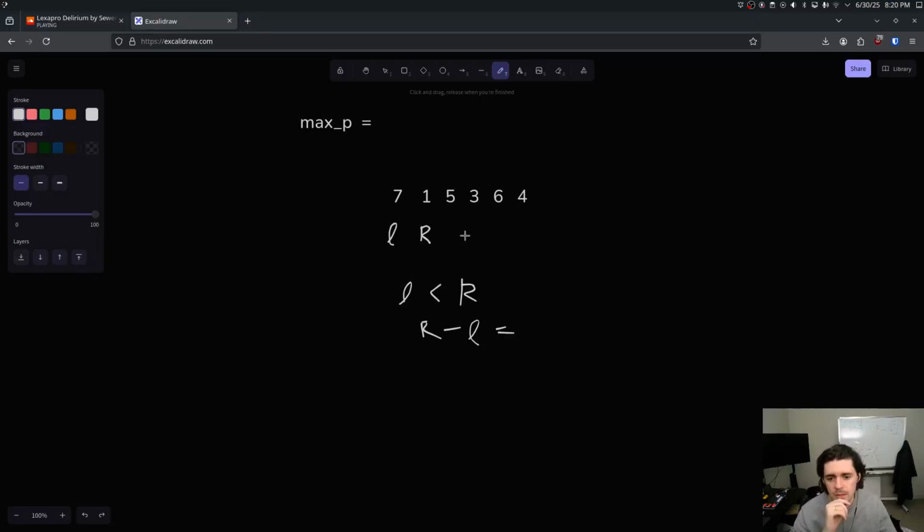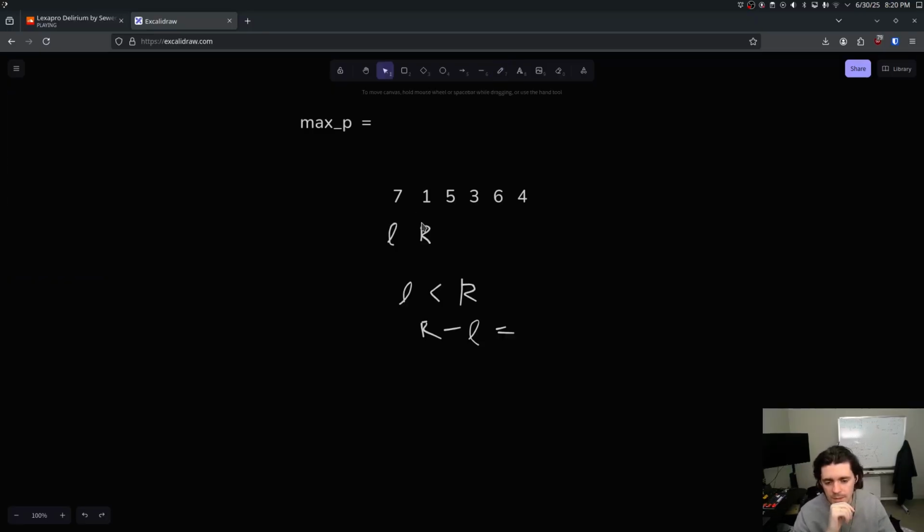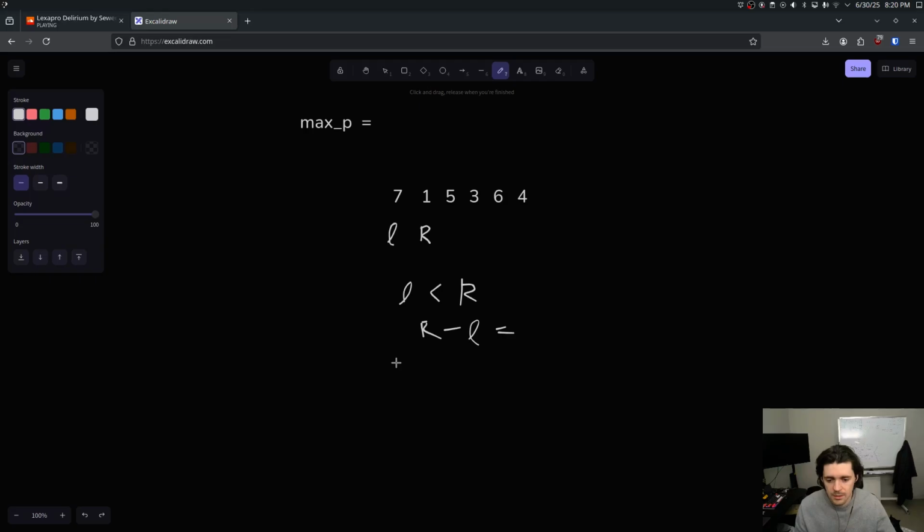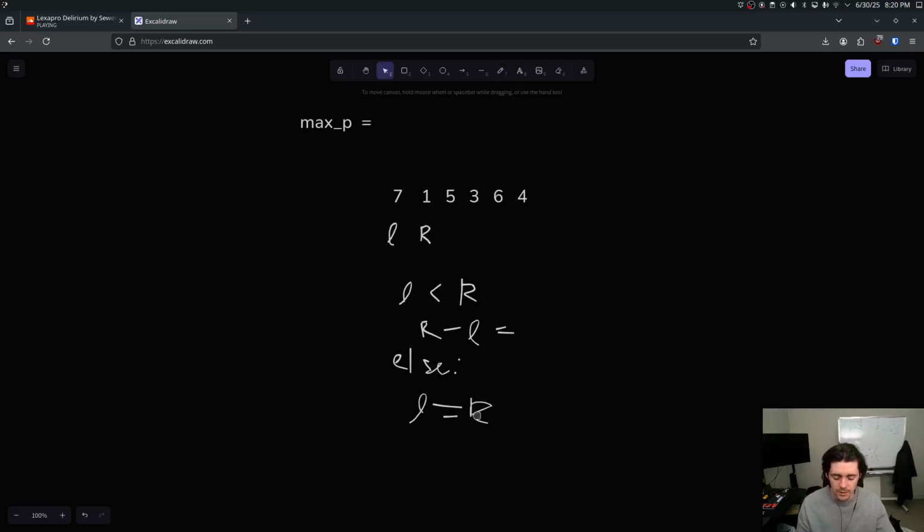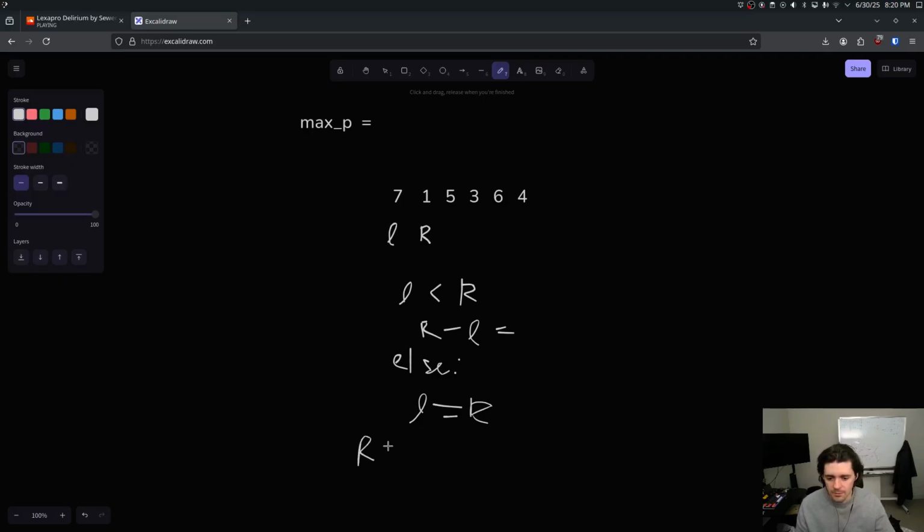Well, let's just consider this first case. So since 7 is not less than 1, we're going to have another case, some sort of else, and basically L is equal to R. And then in our outer block, R will just increment by 1.